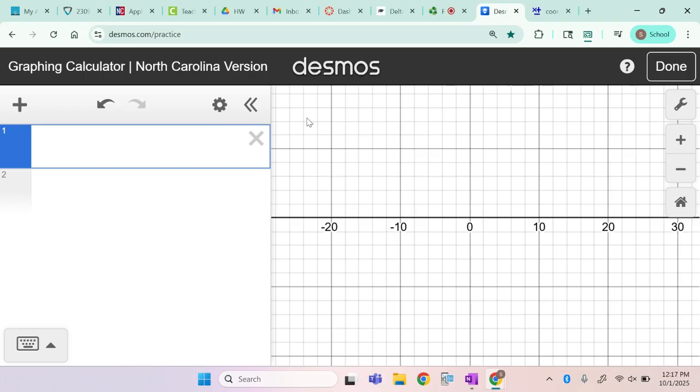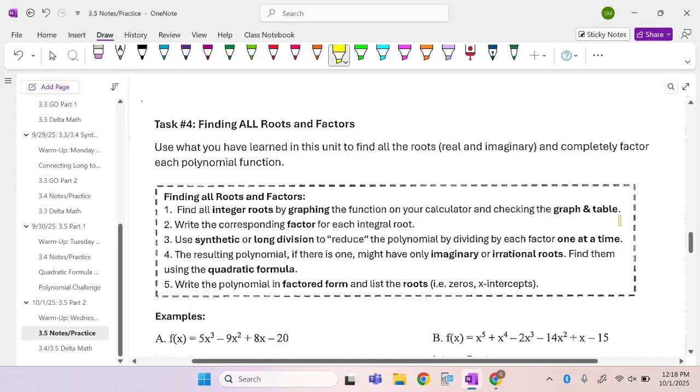Make sure you select NC, like hit choose assessment, select North Carolina. Make sure the graphing calculator is highlighted, hit start practice. So while you guys are pulling up Desmos, just listen.